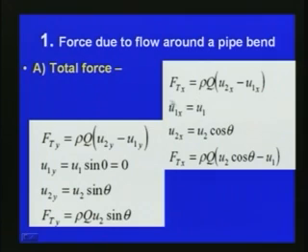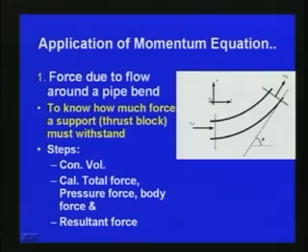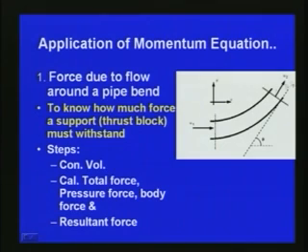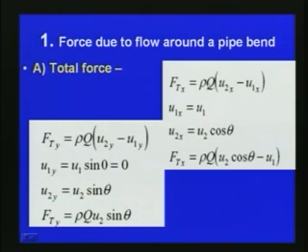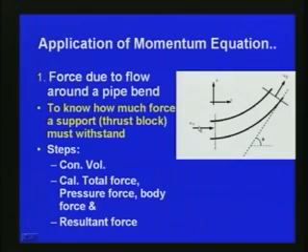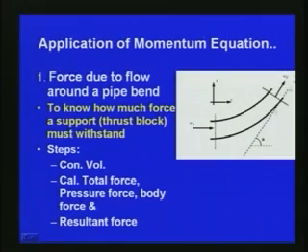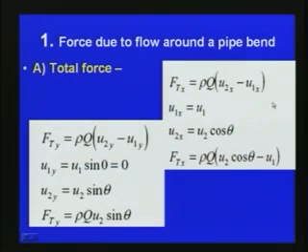We can see here in the x direction, as we have already seen earlier, the total force in the x direction will be rho Q (u2x minus u1x), where Q is the discharge passing through the pipe and rho is the density. Here u2x is the velocity in the x direction at section 2 and u1x is the velocity in the x direction at section 1. Here u1x is equal to u1 itself, and u2x, if u2 is in this direction, can be written as u2 cos theta.